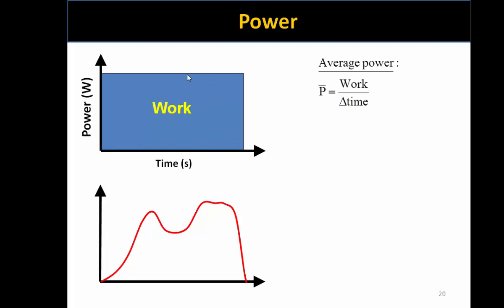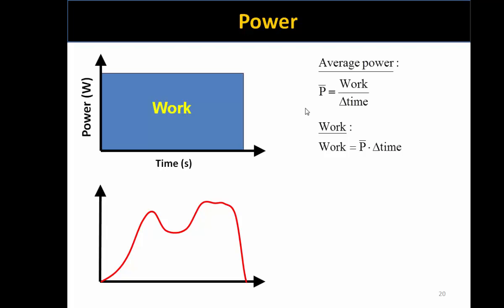Now in this case, power is held constant, so it's not changing, so a power calculation at the end is going to be the same as the power calculation at the beginning. It's simply the amount of work performed per unit time.